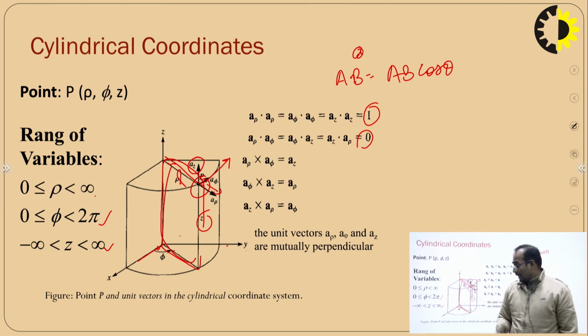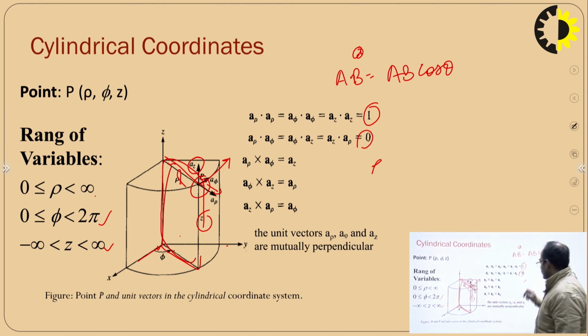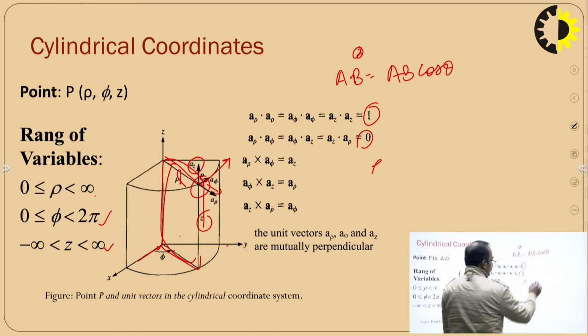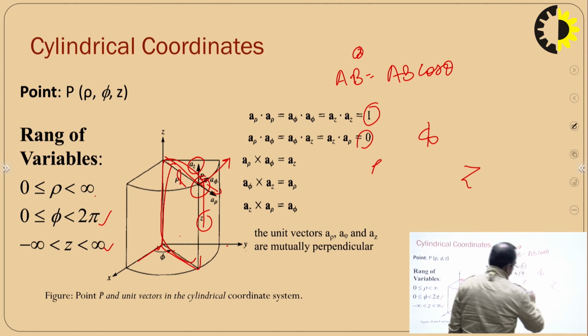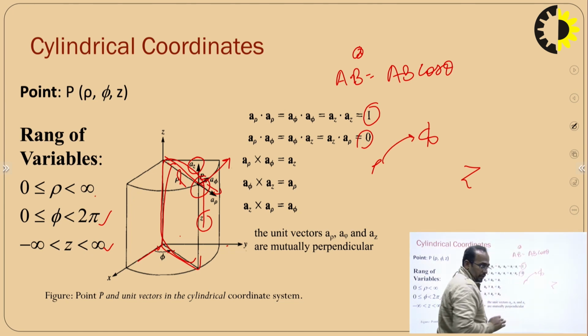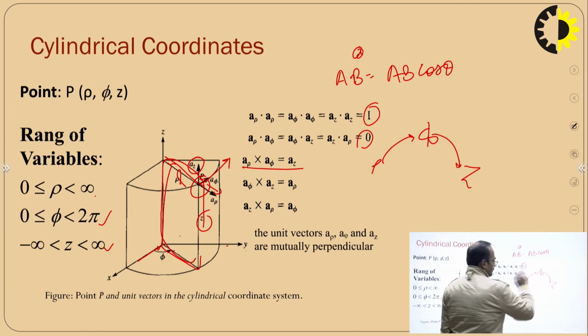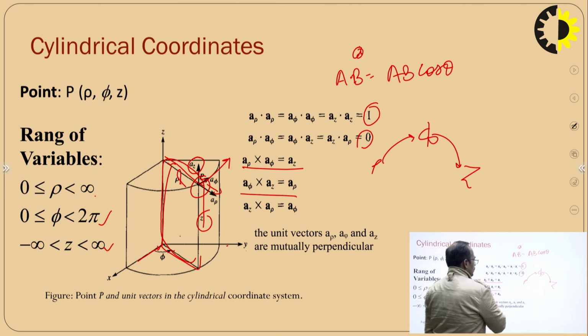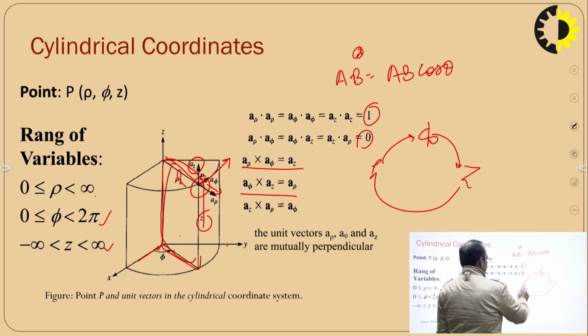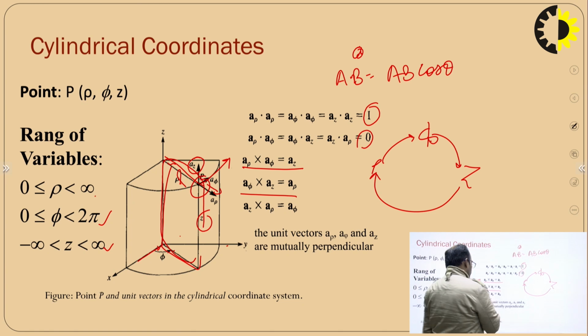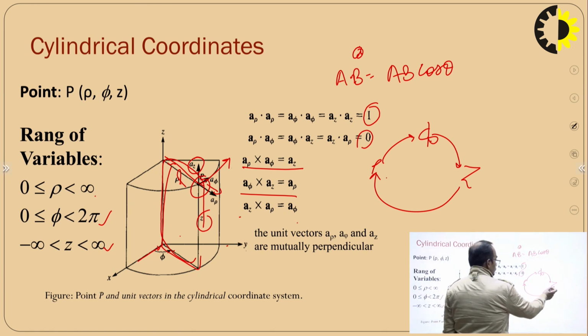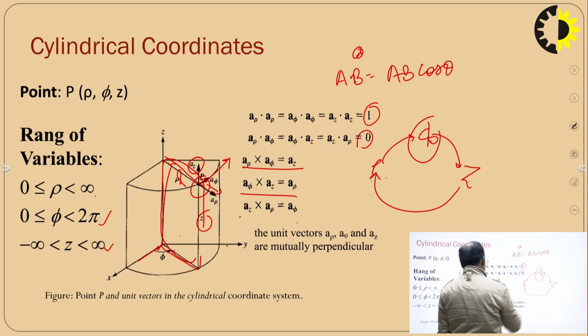Similarly, the cross product. You can write like this: rho, phi and z. A rho cross A phi, if you are moving in clockwise direction, will give AZ. A phi cross AZ will give A rho. AZ cross A rho will give A phi.